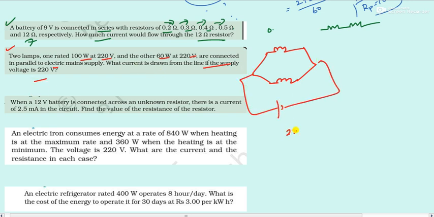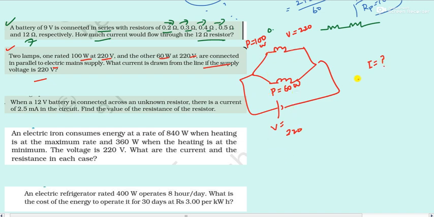So here this is 220. Here they have given power 100 watt, and voltage is 220. Again here they have given power 60 and the voltage is the same. So voltage is given, power is given. You need to find I.